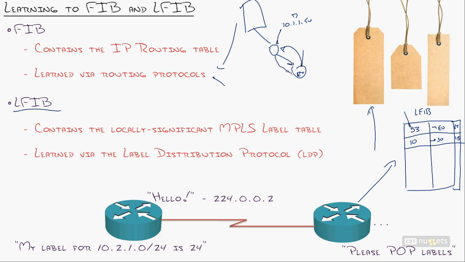So when the packet gets to router 2, it looks at its LFIB table and goes, oh, I just got a packet with 53. Again, I'm not even looking at my IP routing table at this point. I know I need to send that out Ethernet 0 and change that label from 53 to 115. Why? Because router 3, who's over here, told me that 10.1.1.0 is actually a label of 115.